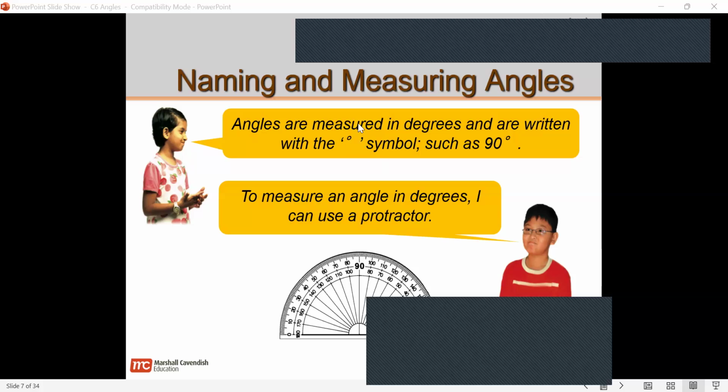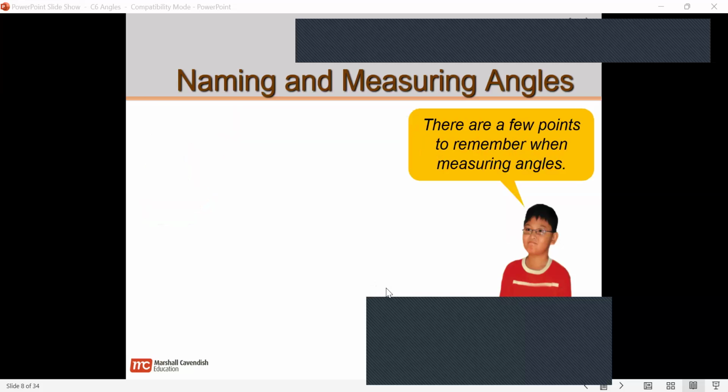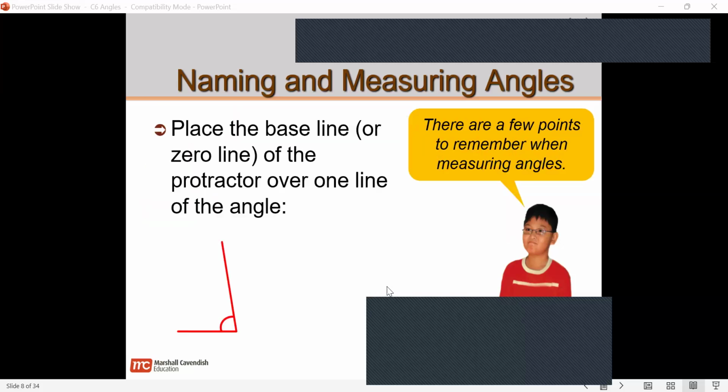Degrees is a symbol that comes from an ancient country, which, for those of you interested, you can go and find out. To measure an angle in degrees, you use a protractor. Anybody know who's the inventor of the protractor? Go and find out, for those of you who are interested.